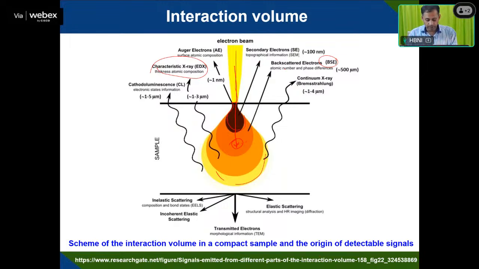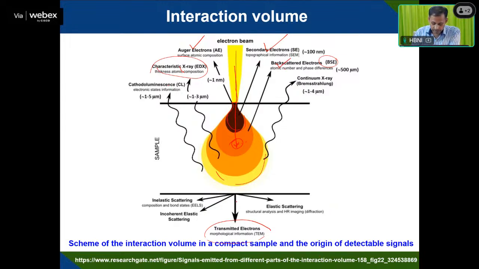For the transmitted electrons, there will be elastic scattering and inelastic scattering. In the case of inelastic, there will be an energy change, and from that energy change you can get information about composition and band structure. From the TEM transmission beam, you will be able to see the particle size or shape of the material. The Auger electron gives surface information, and the secondary electron and backscatter electron can be used to find out the scanning morphology of the material.